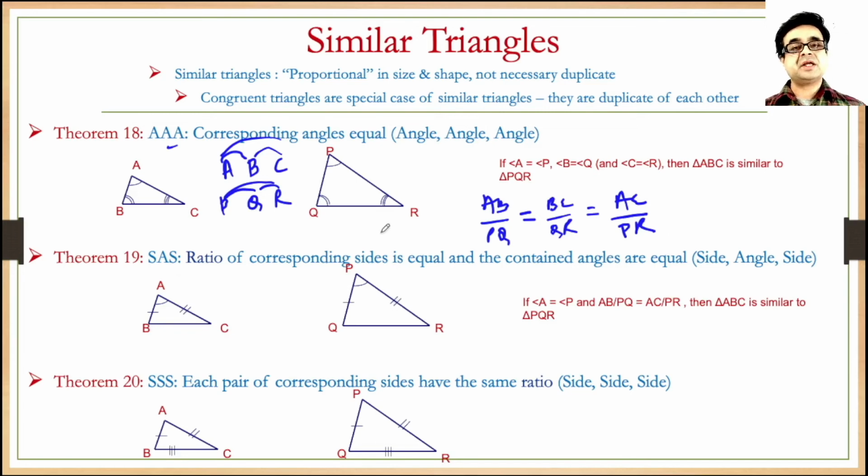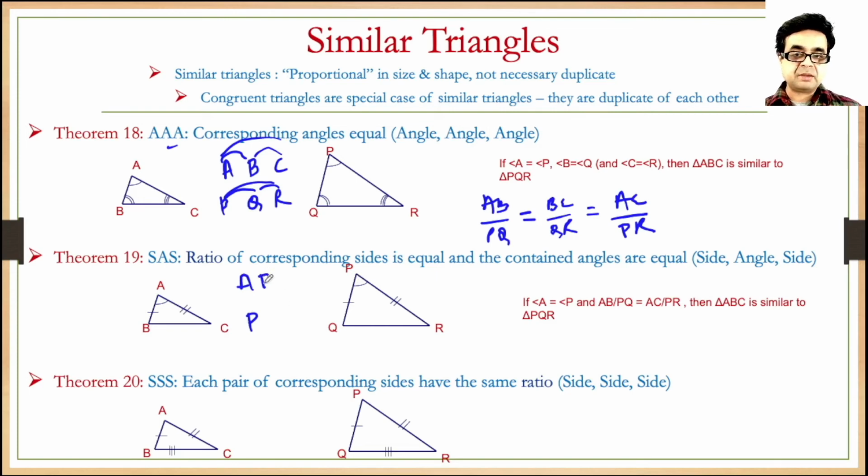Okay. The next property of similar triangles is side angle side. Now here again we don't talk about equalities, we talk about ratios. So side AB divided by PQ equals side AC divided by PR, and angle A is given to be equal to angle P. So let me write the corresponding vertices first. Angle A and angle P are equal, right? And then I'm given side AB is the same as side PQ.